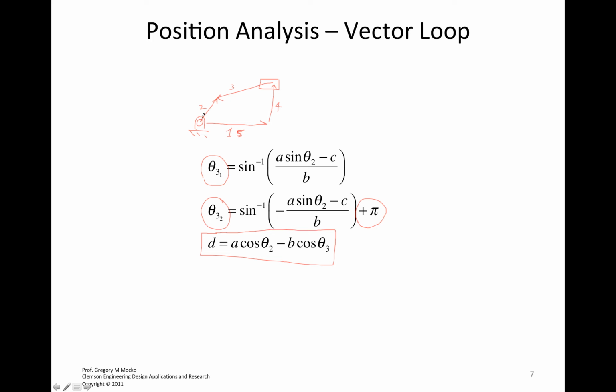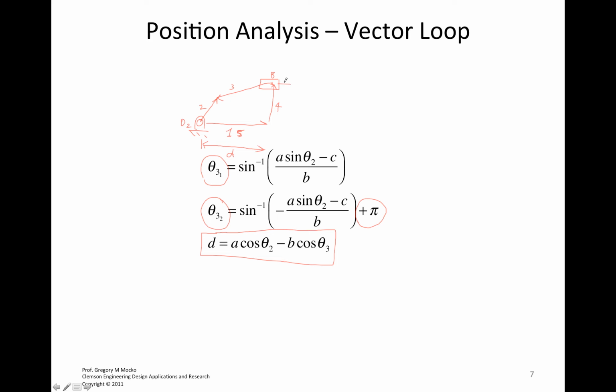So we are solving for this length D. That will tell us how far this point B is away from this origin 2. So we can solve for these things.